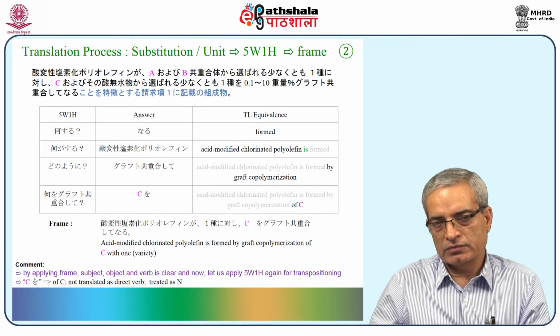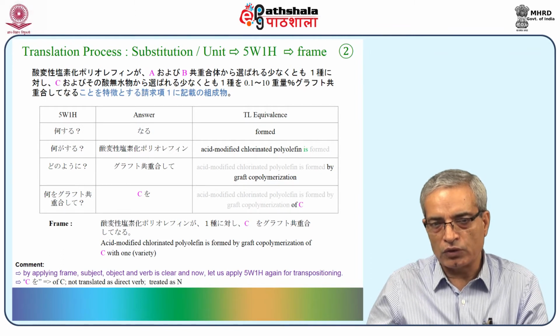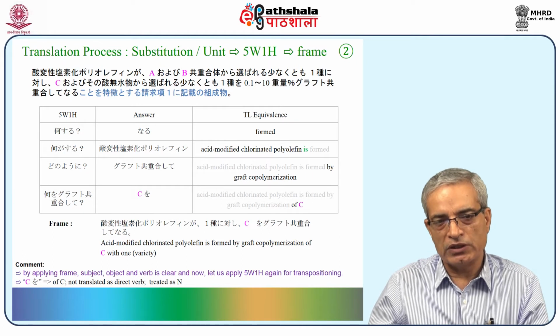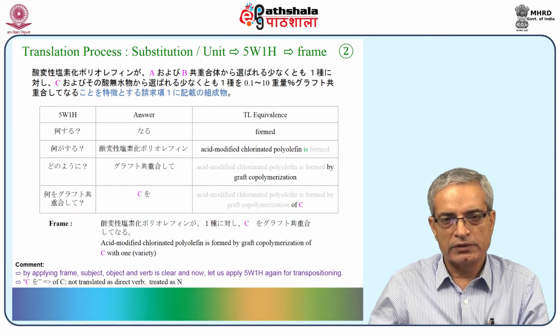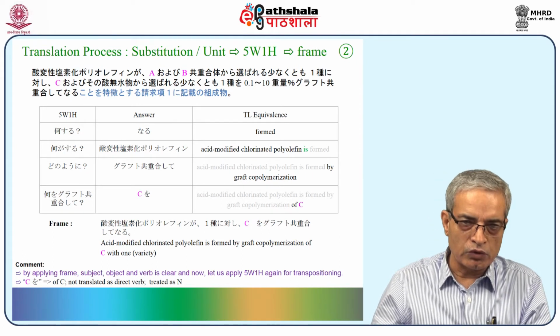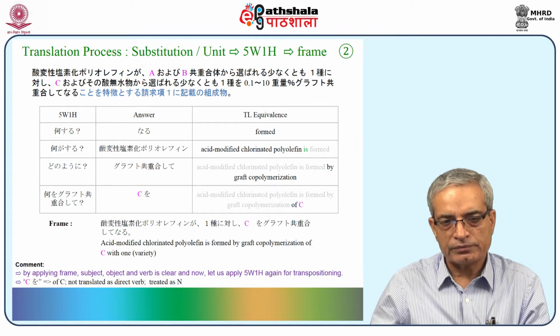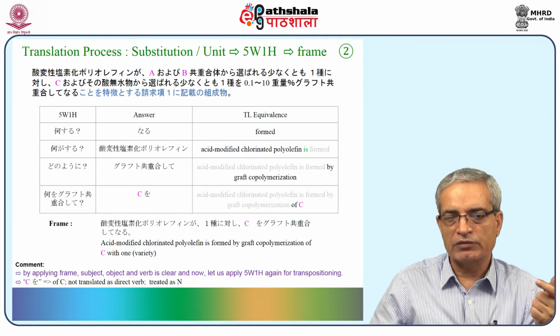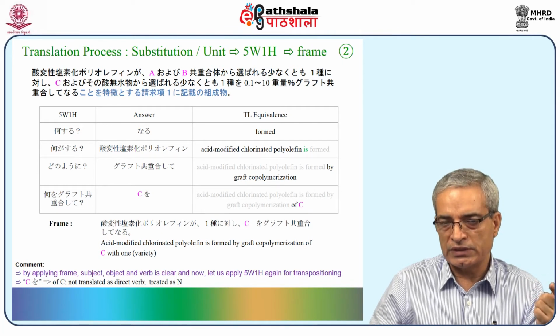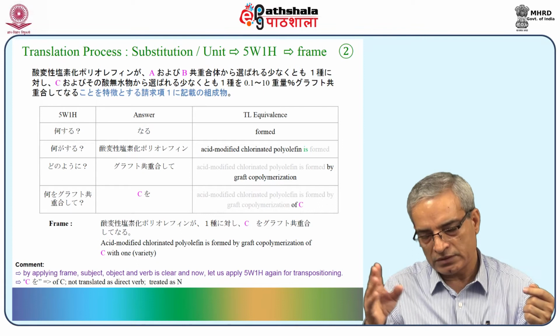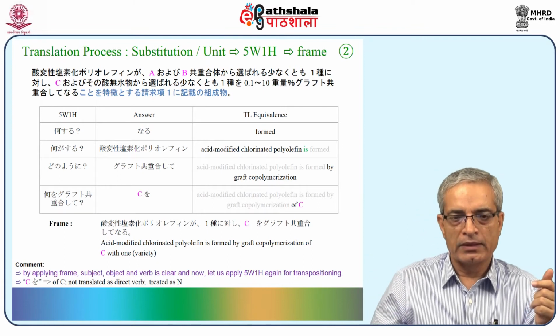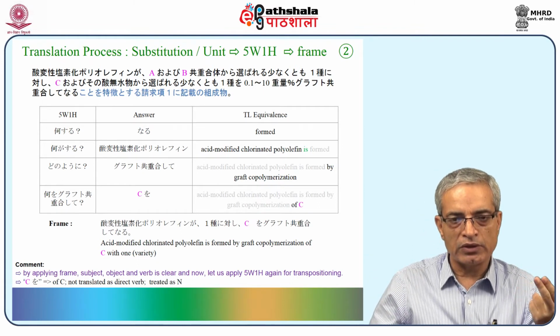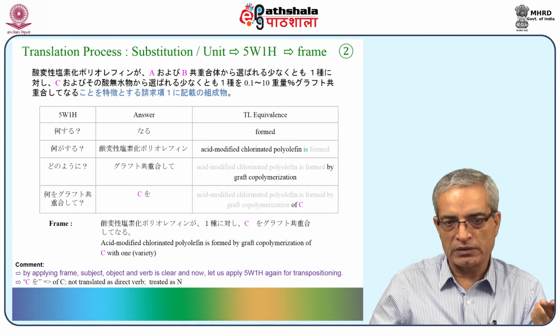Here it helps: C, because C was already defined. So the outcome is that acid modified chlorinated polyolefin is formed by graft copolymerization of C with 1. With 1 means it has to be defined, which is not so difficult. You can always substitute the content of C later on.